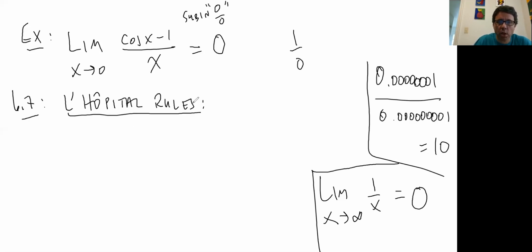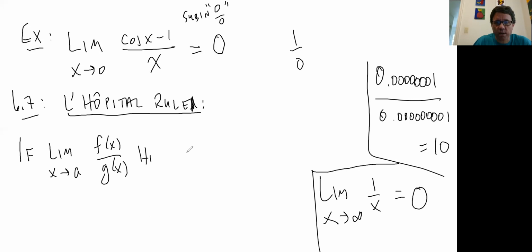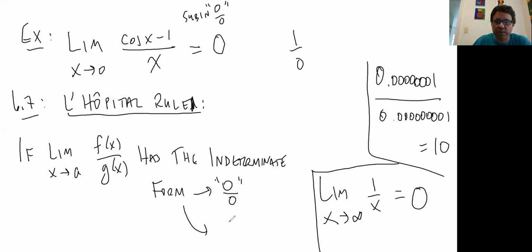What it says is, if the limit as x approaches some value, I think the book uses a, of one function divided by another function, has the indeterminate form, so if you try to plug in your value, like in the ones we just did, and you get indeterminate form, either 0 divided by 0 or infinity over infinity, I'm going to go ahead and erase this stuff.